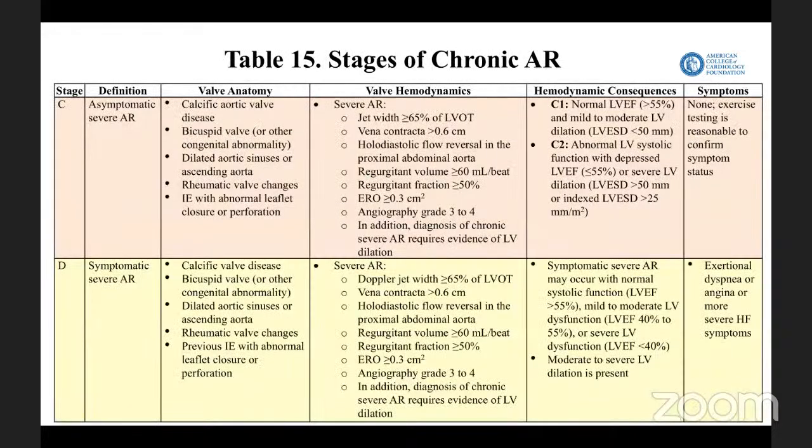For stage C, having a patient with asymptomatic but severe aortic regurg, the jet width will be more than or equal to 65% of the LVOT, and the vena contracta of more than 0.6 centimeter, and having a holodiastolic flow reversal in the proximal abdominal aorta or the descending thoracic aorta, regurgitant volume of 60 ml or more per beat, and the regurgitant fraction of equal or more than 50%, and the effective regurgitant orifice area of equal or more than 0.3 centimeter square, and then angiographic grade 3 to 4.